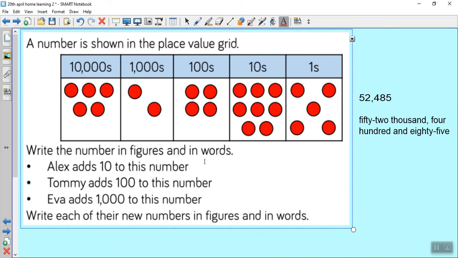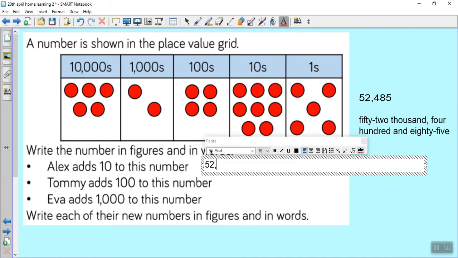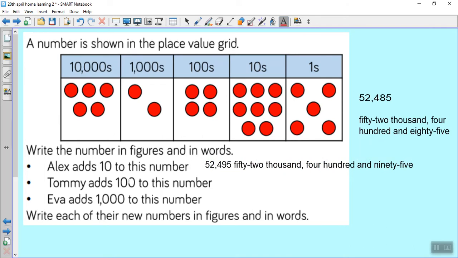So it's going to be 52,495. 52,495 can get stuck together with a hyphen. 95. So it was 52,485 and now it's 52,495.